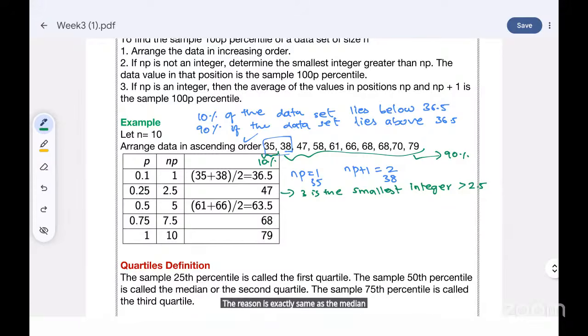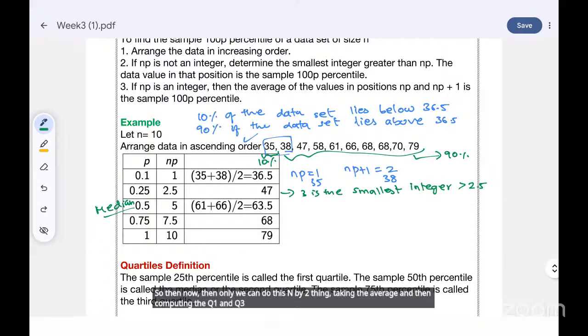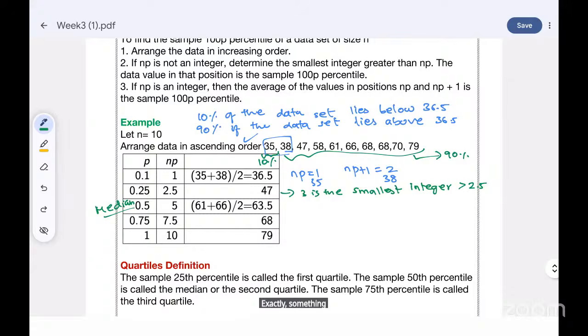For example, this is the median value, right? So you are saying that if n is even, then only we can do this n by 2 thing, taking the average and then computing Q1 and Q3. And when n is odd, we can compute the value directly. Is that so? Exactly, something similar. So here, for example, median, exactly that is what we are doing, right?